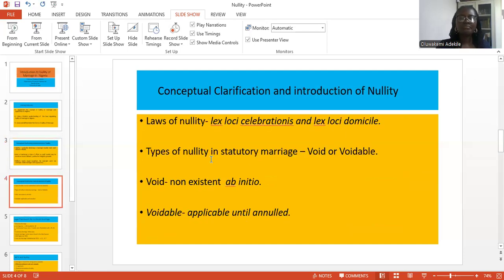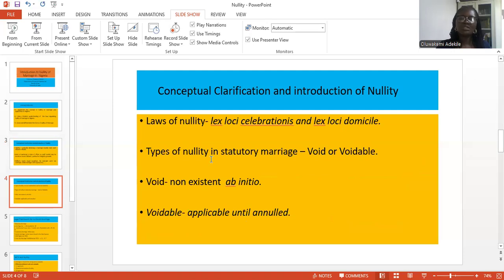The laws of nullity reflect the content of the legal framework in the place where the marriage is celebrated. What we call lex loci celebrationis is the law of the place of celebration of the marriage, which will determine what is required of you to celebrate a valid marriage. It governs celebration of marriage.